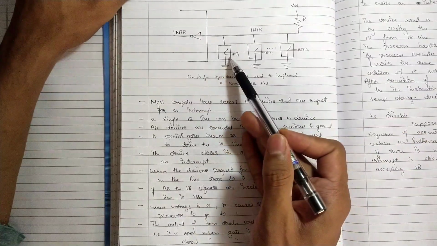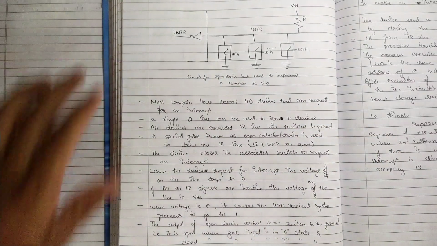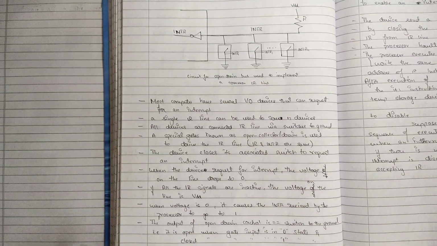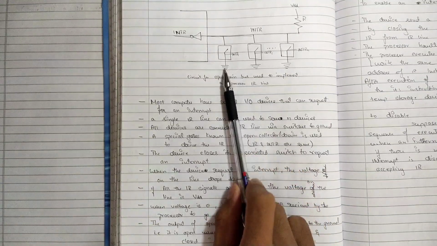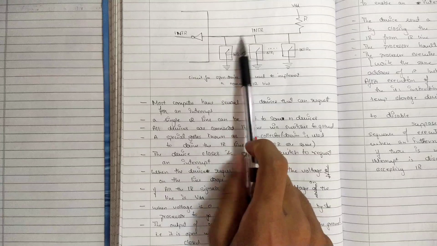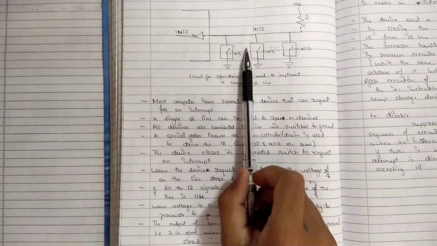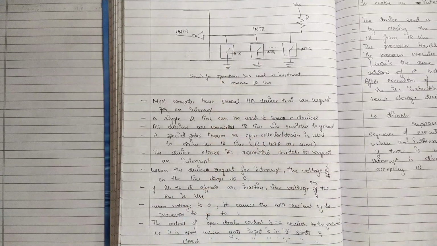Suppose one or multiple devices raise a request. To raise a request, the device has to close its respective switch, and only after the switch is closed will it generate a request. If a request is made by one or more devices, the potential difference across this line becomes 0.